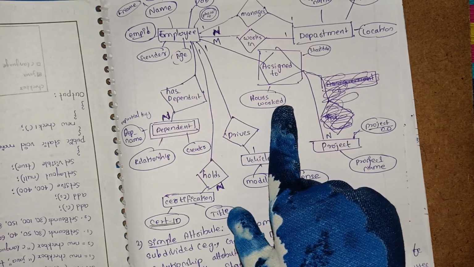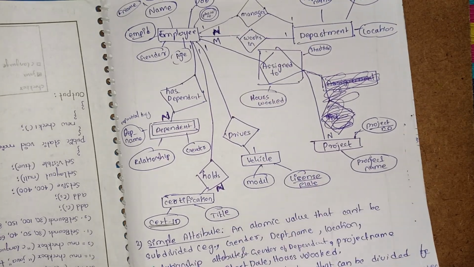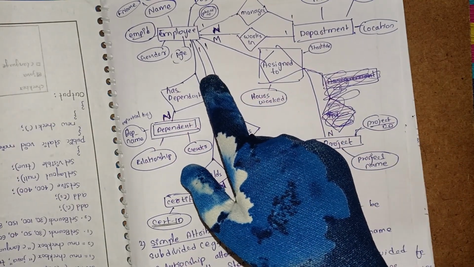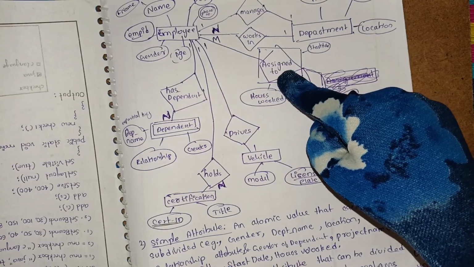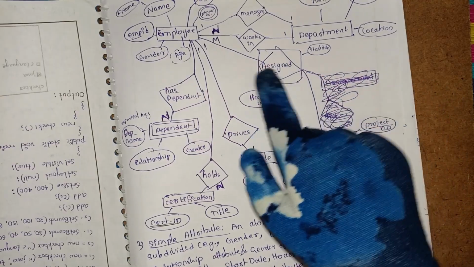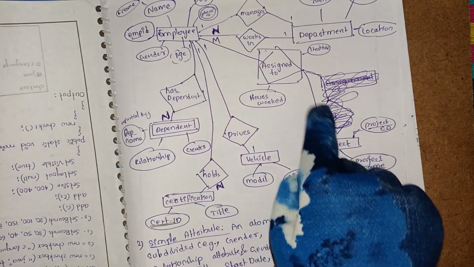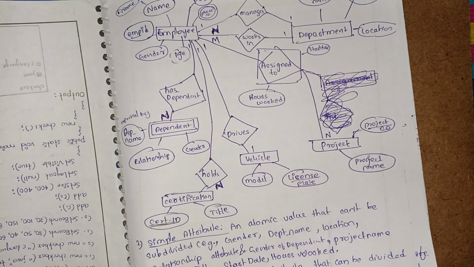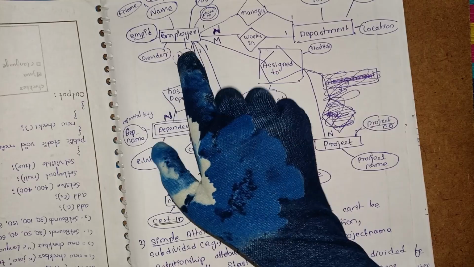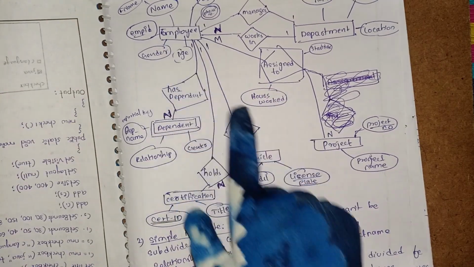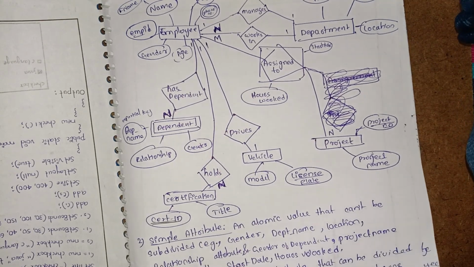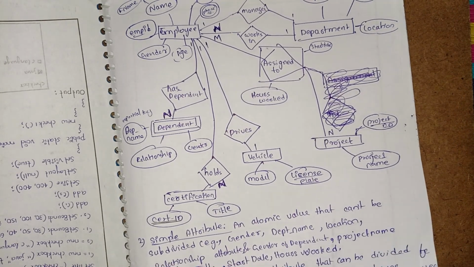Why are we not using the main tables to establish the relationship? Because of severe data redundancy.